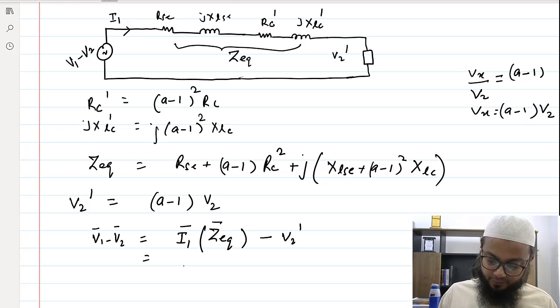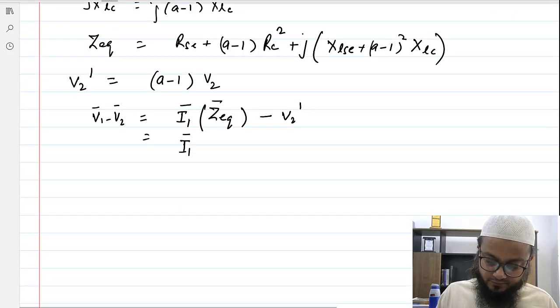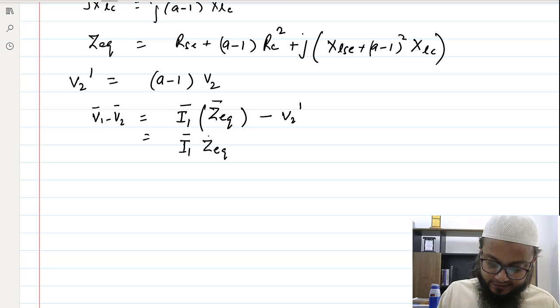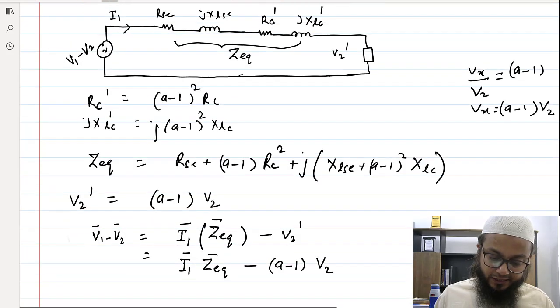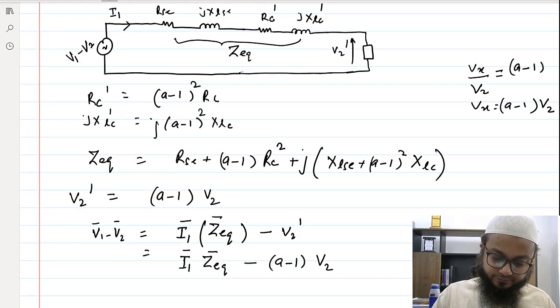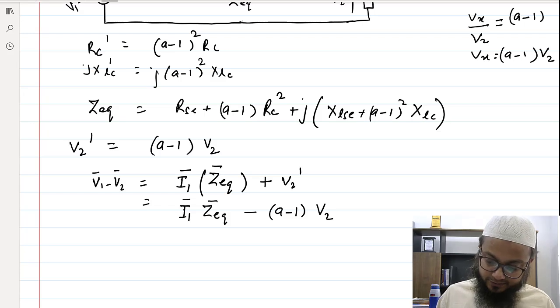If we compute here, this would be I1 into Z equivalent minus A minus 1 of V2. Sorry, it would be plus here, right? If you want to write the KVL, this voltage drop plus this voltage drop is the voltage V1 minus V2, right? So this is plus here.